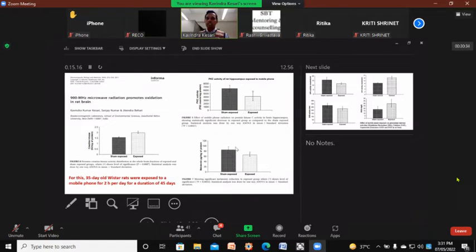If there are any changes in PKC or creatine kinase, these represent the cell signaling pathways. If there are any changes in these enzymes, it totally changes the metabolism of the body or cells. So from the picture you can see there are significant differences in both parameters.